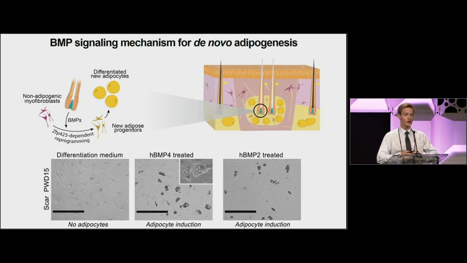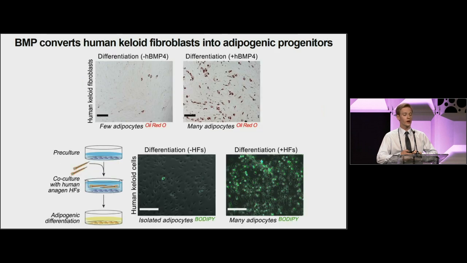And this is partially conserved in the human system, where at least in keloid scar fibroblasts, adipogenicity could be dramatically enhanced in culture of primary keloid fibroblasts, either upon exposure of cells to recombinant human BMP4 protein or to the secretome of cultured human scalp hair follicles that were microdissected and placed over a membrane.